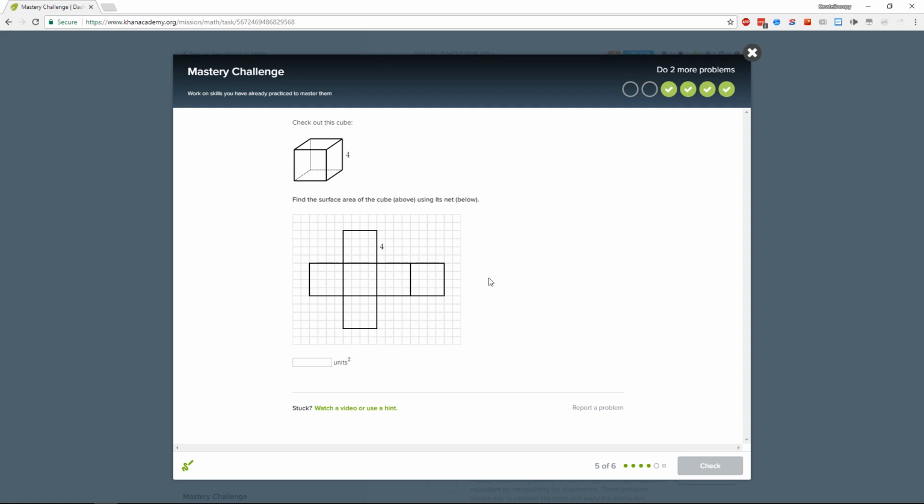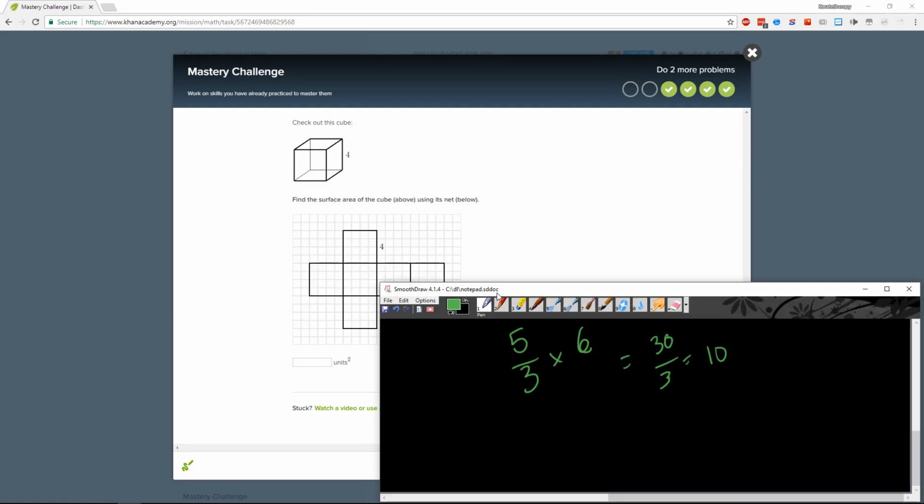Find the surface area of the cube using its net. So it's 4 times 4, 16 times 1, 2, 3, 4, 5, 6 sides. 6 times 16.